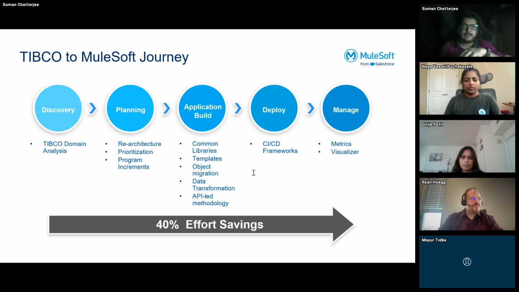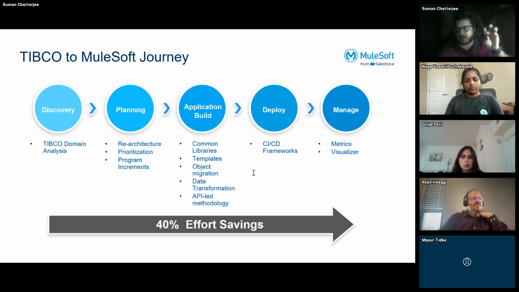architecture, right? Now if I talk about the planning, I spoke in pretty good detail about why we should go for a re-architecture.